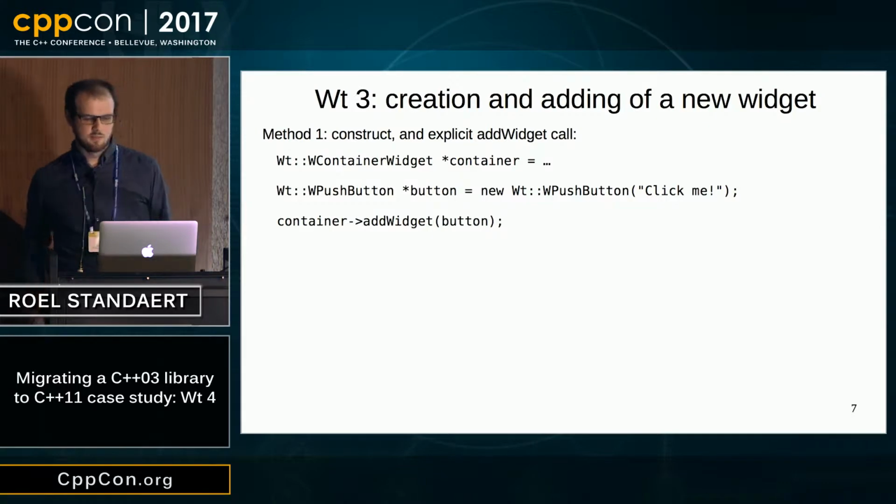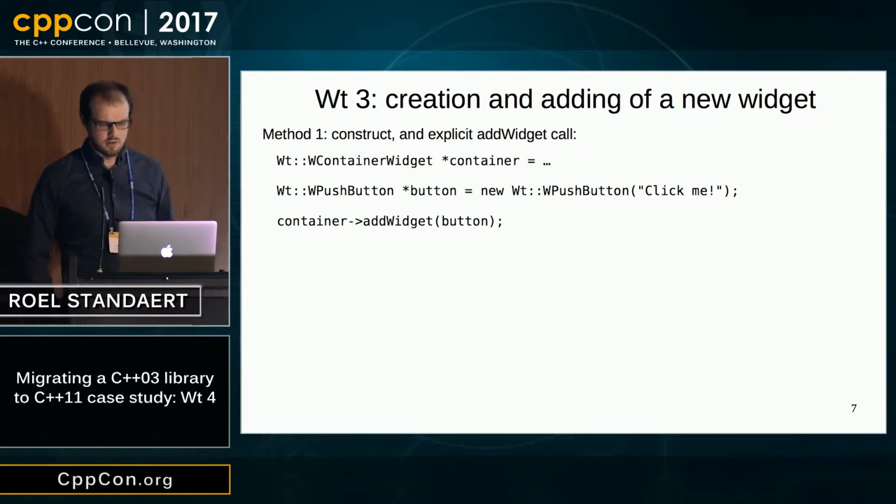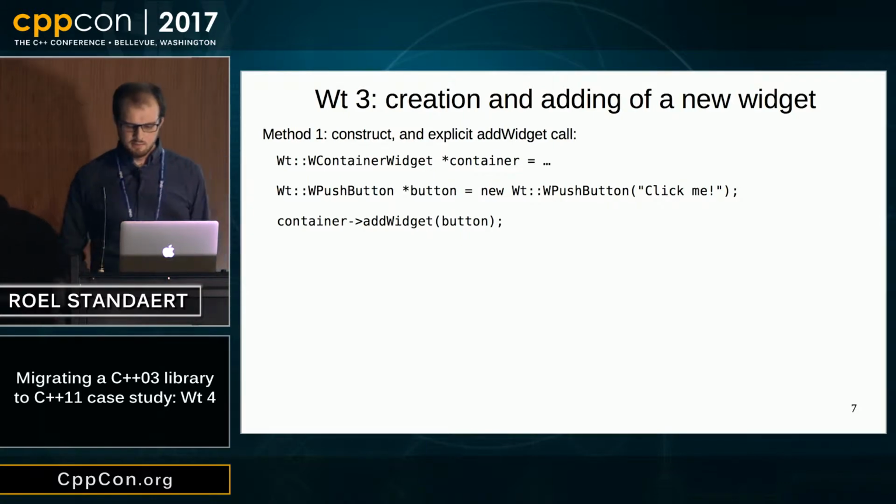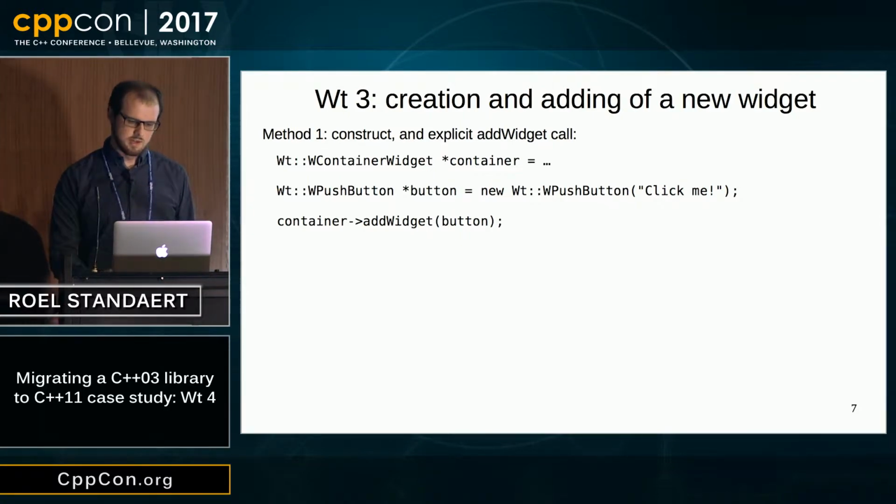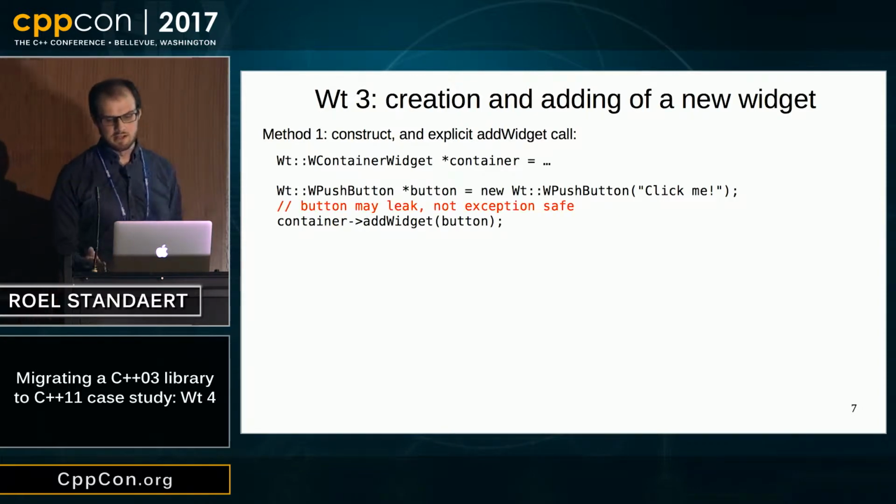the way that we did it in Wt 3 is that whenever you'd call addWidget, that would transfer the ownership to that container. But the problem with the typical Wt 3 code is, one, whatever happens between the creation of this new button and adding it to this container, something could throw there, and then you'd have a leak.